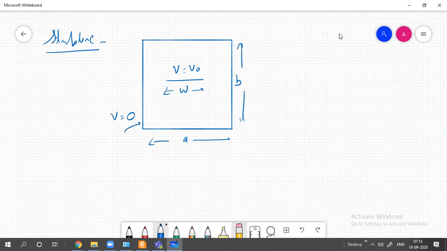What we want to solve, and have solved, is V of x, y. What is the voltage at each and every point in this region?